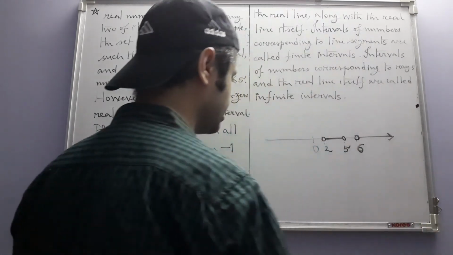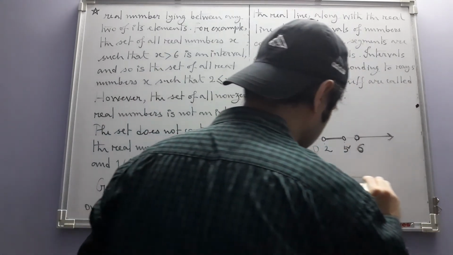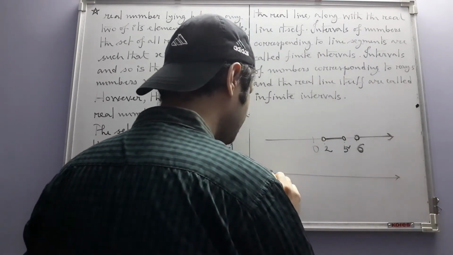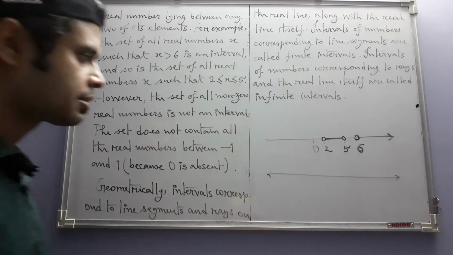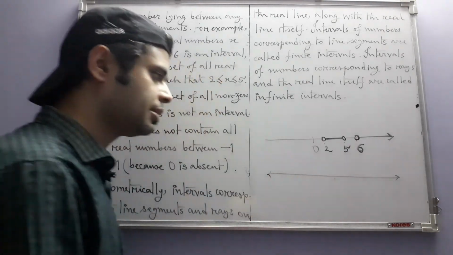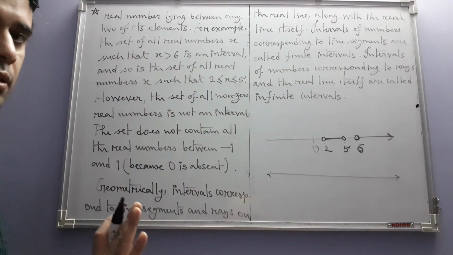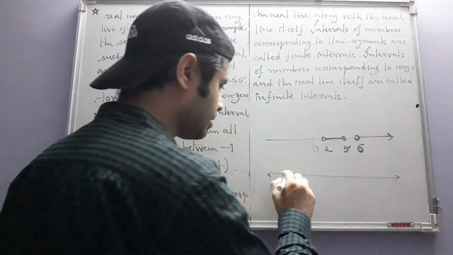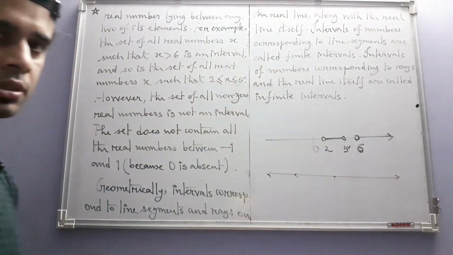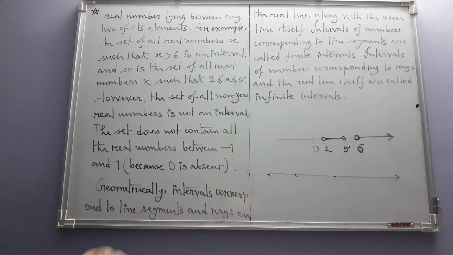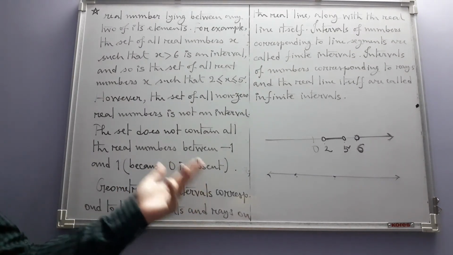Note one more thing, that the set of real numbers itself is also considered as an interval because it contains 2 points. In fact, it contains everything we are discussing right now, and it also contains every real number lying between these 2 points. So by definition it's an interval. However, it is one of a kind.